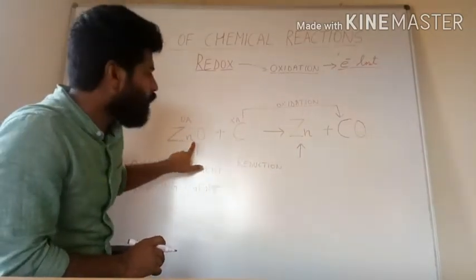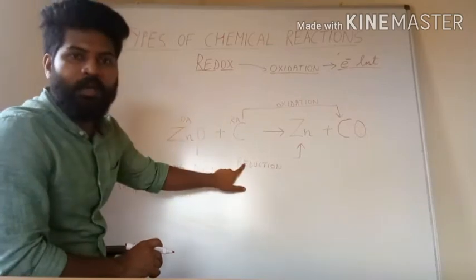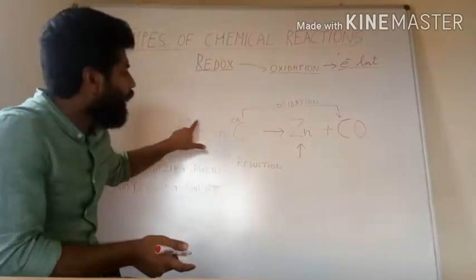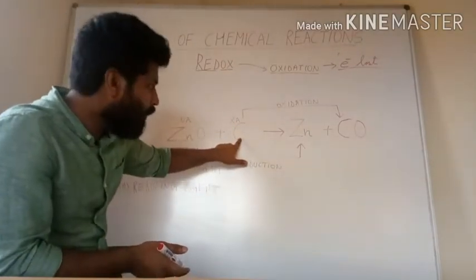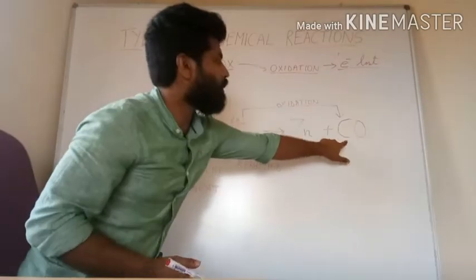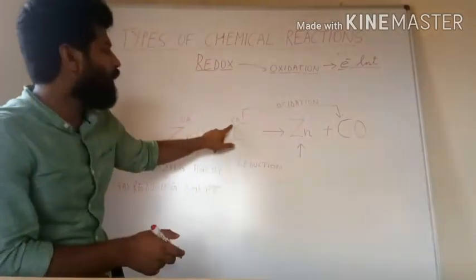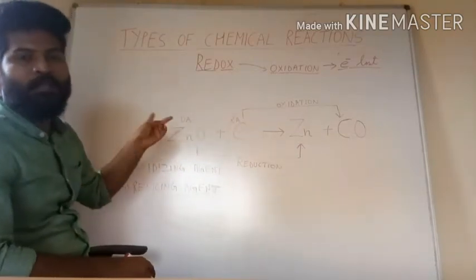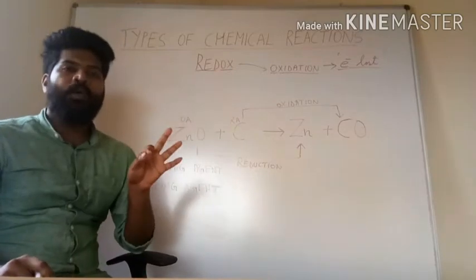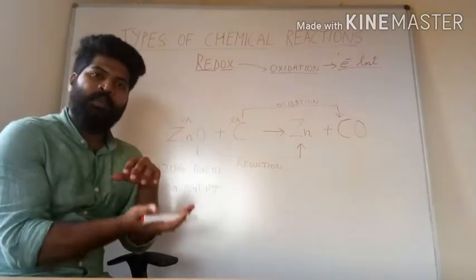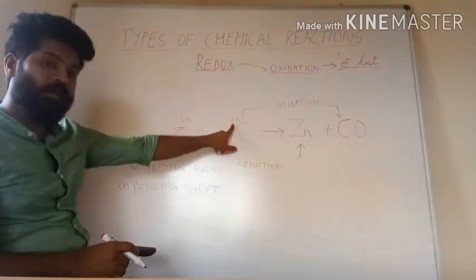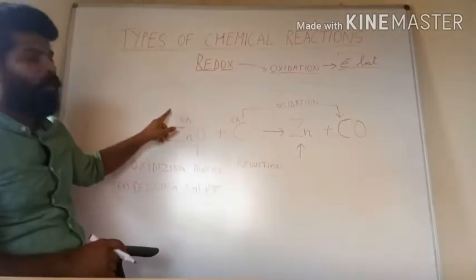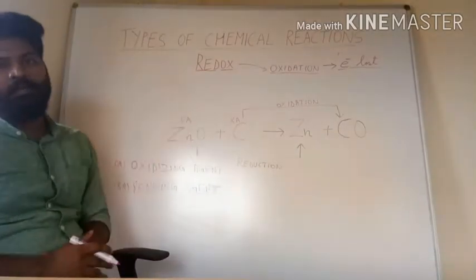The compound that undergoes reduction will be an oxidizing agent, and the reverse, the compound or the element that undergoes oxidation will be a reducing agent. So it is just the opposite. If a particular compound is undergoing oxidation, it will be a reducing agent, and if a particular compound is undergoing reduction, it will be an oxidizing agent.